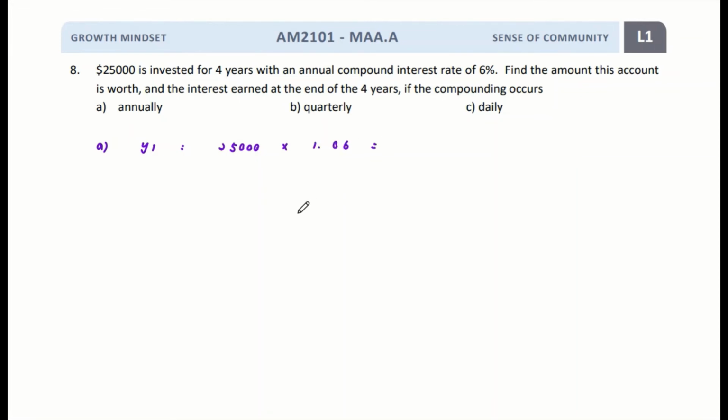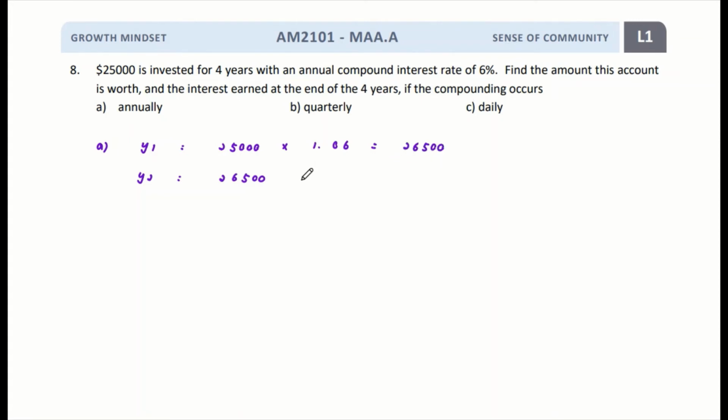So at the end of the first year, you will be able to get 25000 multiplied by 1.06. So from here, you will be able to get your answer as 26500. Okay, so moving onwards, you'll realize that if you want to find your year two, what you'll be doing is you will do your 26500 multiply another 1.06, right? Because the interest rate is charged on the principal plus the accumulated interest.